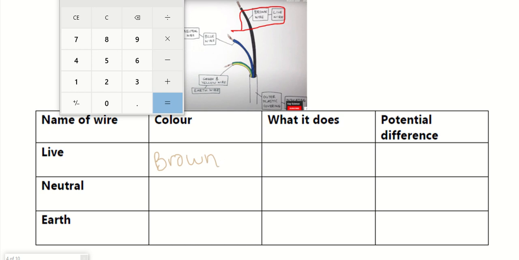Our neutral is left and it is blue. And our earth is yellow and green. It's a stripy yellow and green stripes.